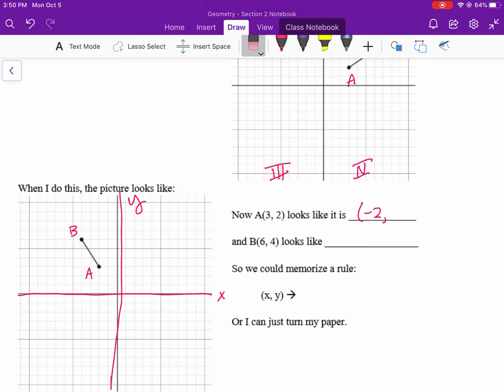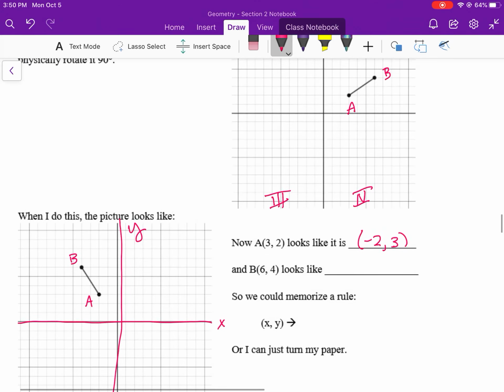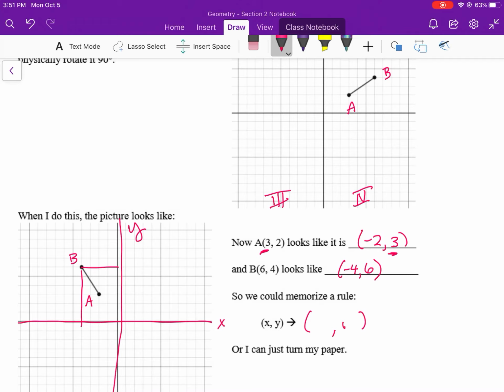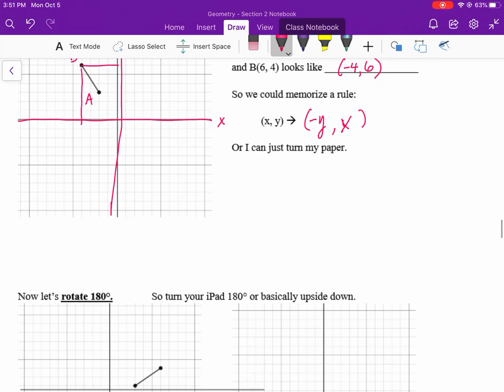And then B looks like the point -4, 6. So look at what happened. The 3 became the y, so the x became the y, so this will be x over here. And then 2 became -2, so this is -y. So (-y, x). I can't remember that for the life of me, so I just turned my paper, okay?